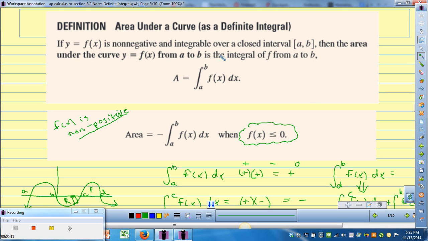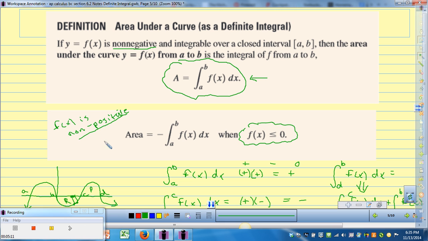All right, and then just notation. This notation right here, the definite integral from a to b of f of x dx, finds the area under the curve, and if f of x is non-negative, then this represents the area under the curve.